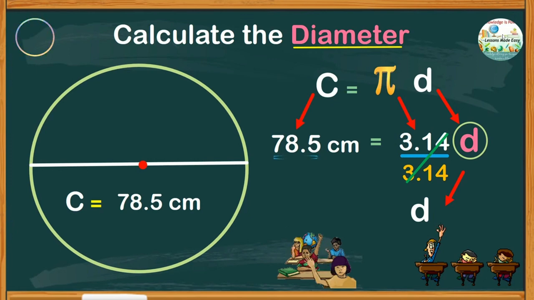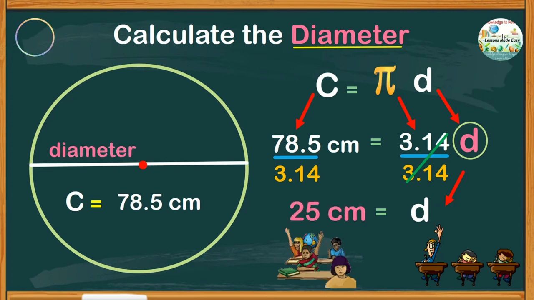So divide the circumference by 3.14, and whatever the quotient is our diameter. So divide 78.5 by 3.14, we get a quotient of 25. So our diameter is 25 centimeters.